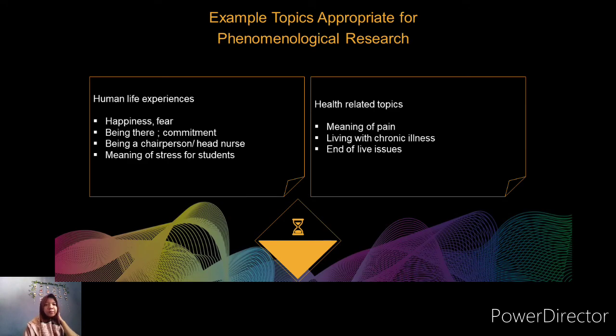In the last slide, I give 2 examples of topics appropriate for phenomenological research. The topic 1 is about human life experience like happiness, fear, being there, commitment, being a chairperson or head nurse, meaning or status of student.